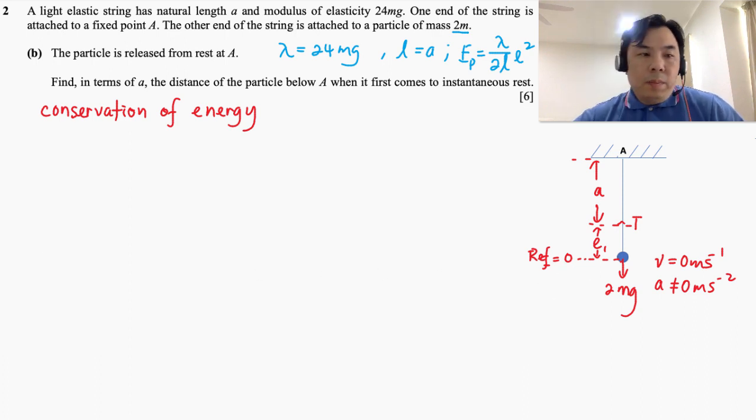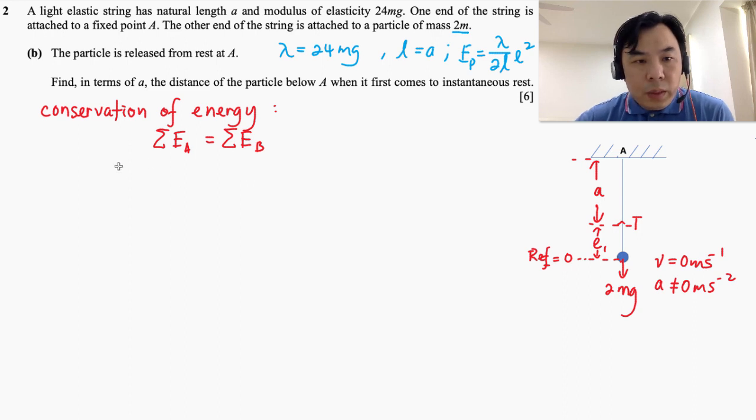Using this frame of reference, the total energy at A must be the same as the total energy at B, exactly the same due to conservation of energy. At A, kinetic energy is zero, so I don't have to include that. With respect to my frame of reference, the system would have gravitational potential energy, which is 2mg.